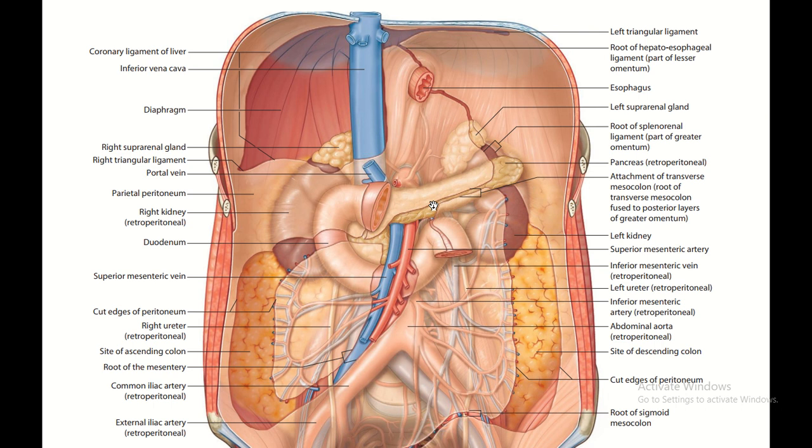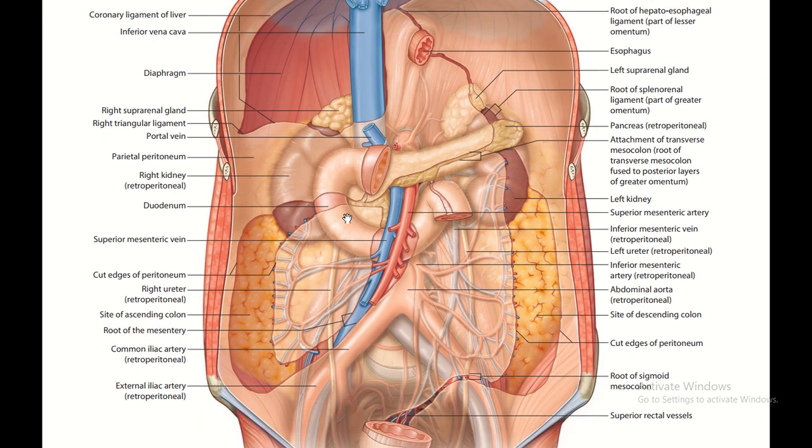Some of these viscera sit directly on the kidney, and some are separated by a layer of parietal peritoneum. You understand? So for the anterior relations, let's start with the right kidney.